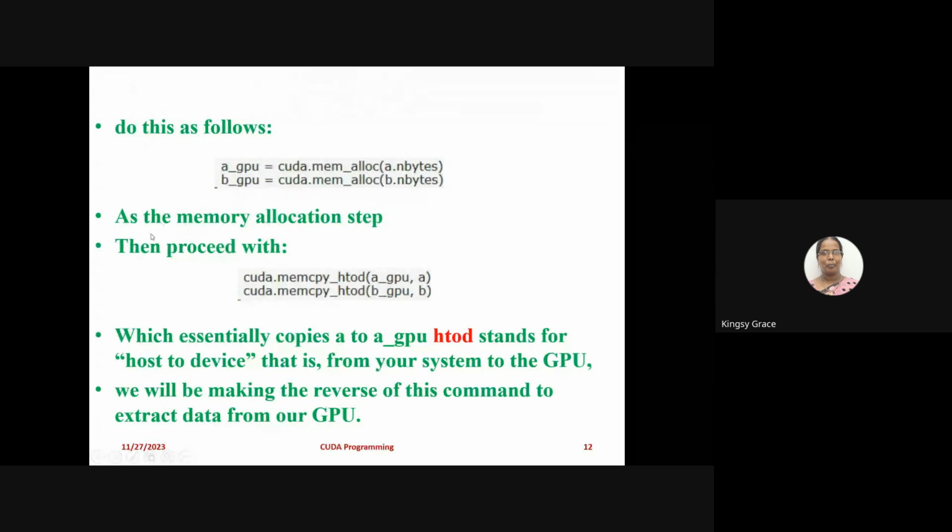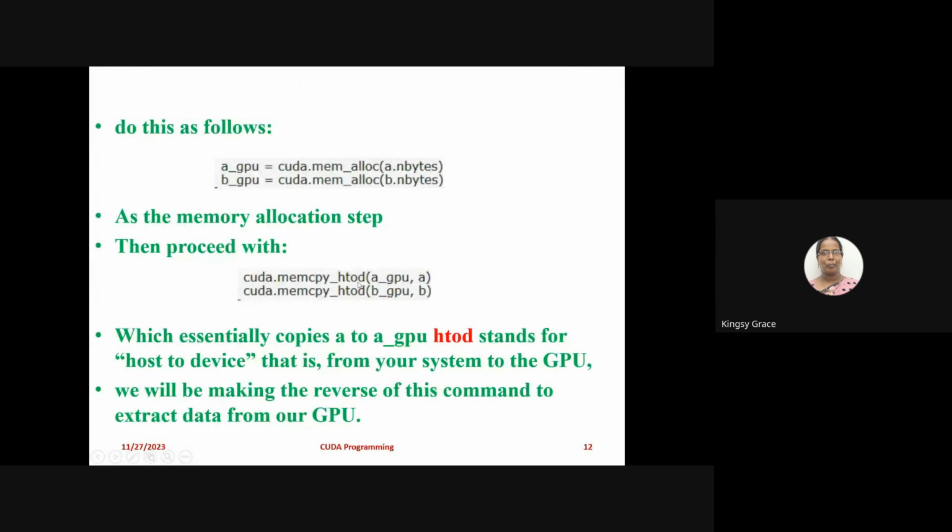And memcpy_htod, host to device: a_gpu comma a. The variable in the CPU is a, and in the GPU it is a_gpu.